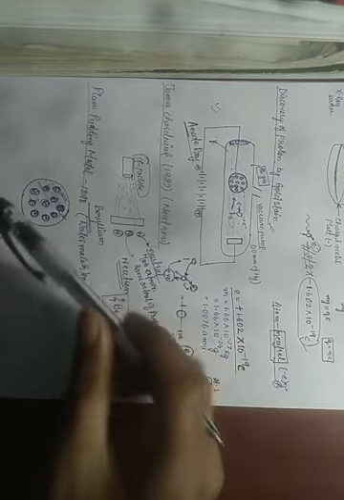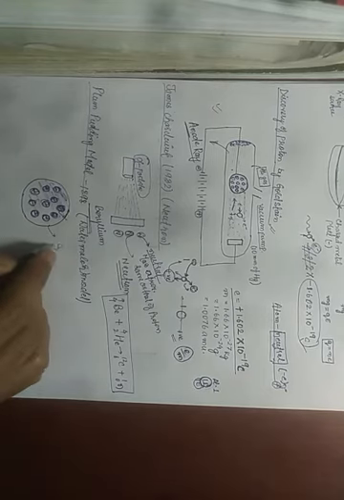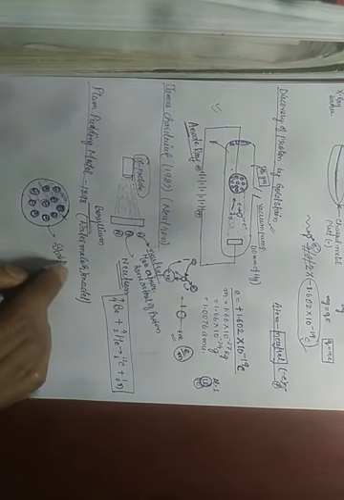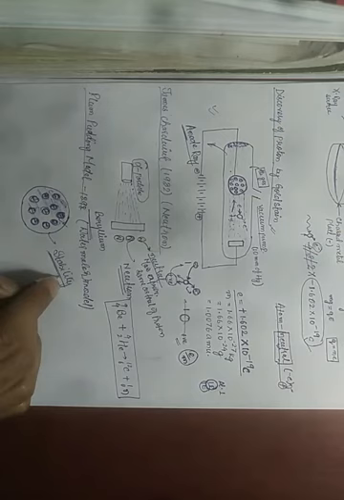He told that electrons are just embedded, like the seeds are embedded in a watermelon. He has not told anything about the movement of the electron, and eventually it does not explain the stability of the atom.